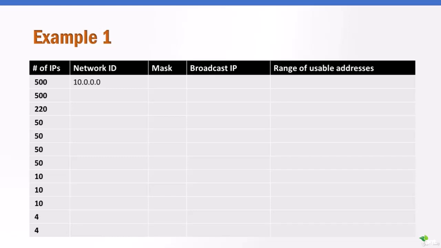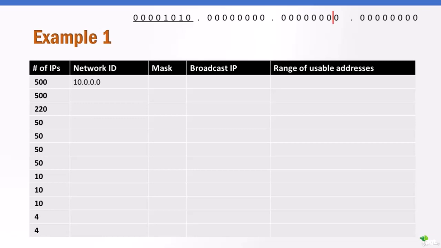Okay, so the first subnet is going to have a 10.0.0.0 network ID because that's what we got in the requirement, and so that's what we're starting with. This is what 10.0.0.0 looks like in the binary format, and I've underlined the first octet because that is our default network portion. We're going to use 9 bits for our host portion because that gives us 512 different combinations.